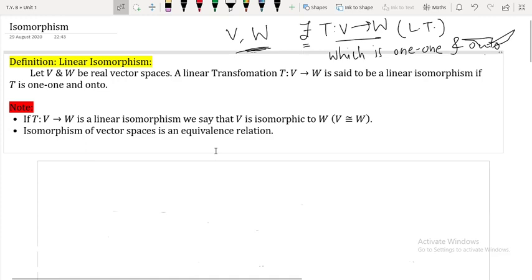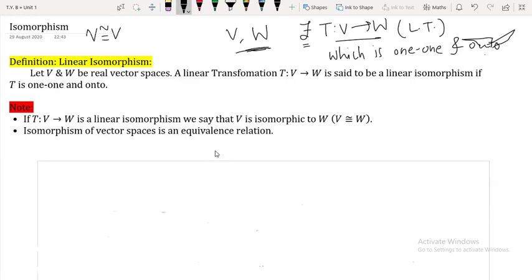In the sense that a vector space is always isomorphic to itself, meaning V is always isomorphic to V. It is symmetric also: if V is isomorphic to W, then W is isomorphic to V. Saying V is isomorphic to W and W is isomorphic to V is one and the same thing.